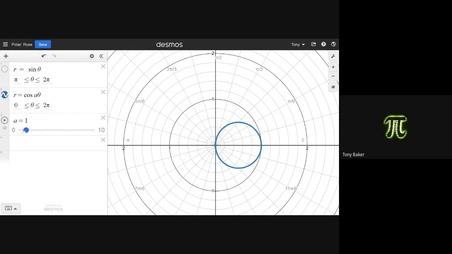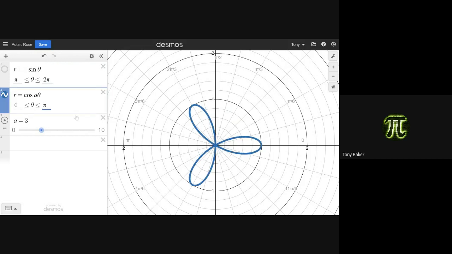So if it was 1, it's just a circle. Okay, it's a circle rotated back 90 degrees because that's exactly what cosine is to sine. Cosine is shifted 90 degrees. And that's what you see here. As I increase to 2, I have 4 leaves. If I go to 3, I only have 3 leaves.